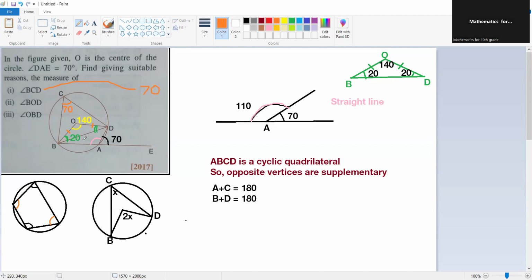Angle BOD is 140 degrees. And angle OBD is 20 degrees. So these are the answers.